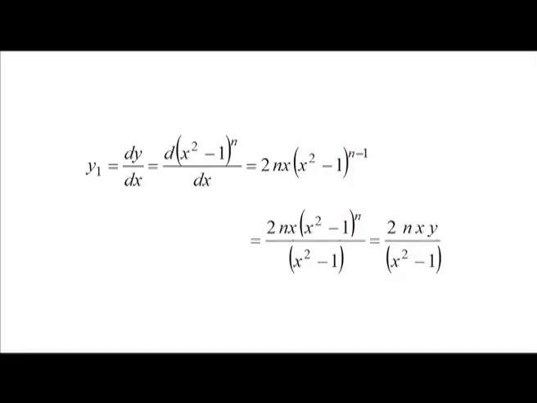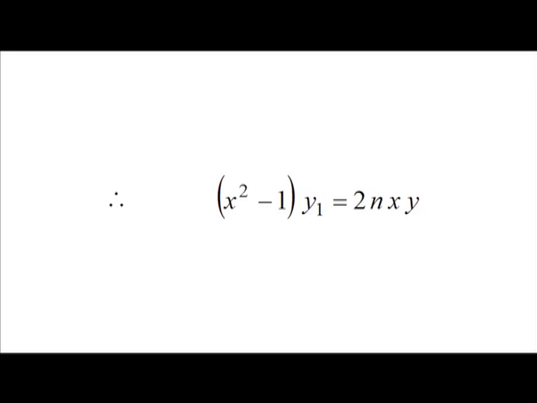Differentiating y with respect to x, we obtain y1 equal to dy by dx equal to d by dx of (x² minus 1)^n, equal to 2nx into (x² minus 1)^(n-1), equal to 2nx into (x² minus 1)^n divided by (x² minus 1), equal to 2nxy divided by (x² minus 1). Therefore, (x² minus 1) into y1 equal to 2nxy.